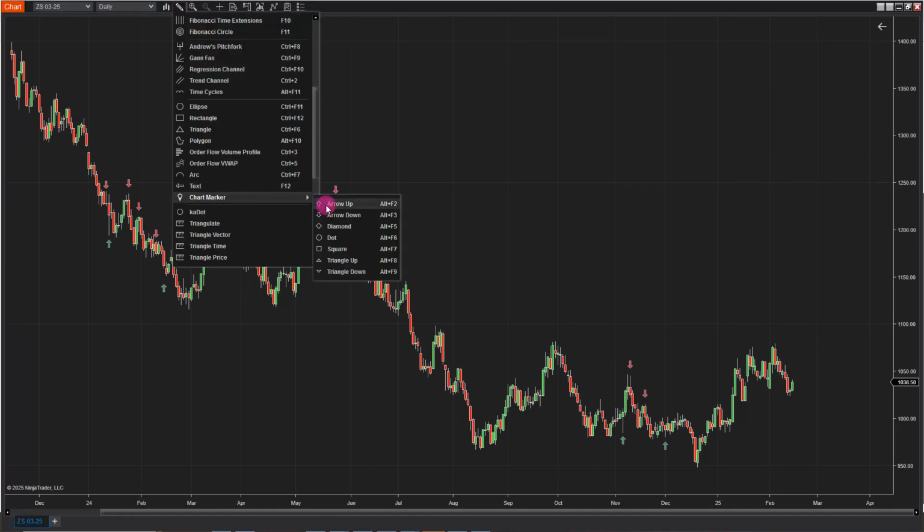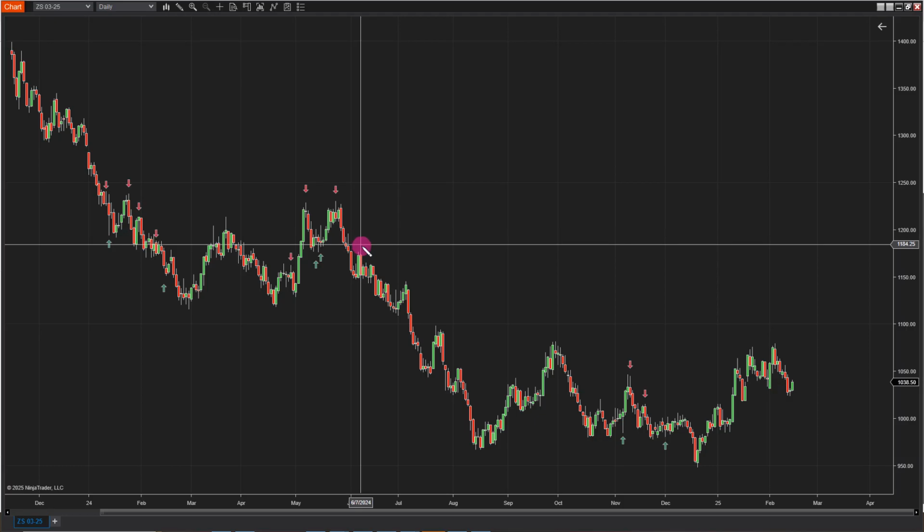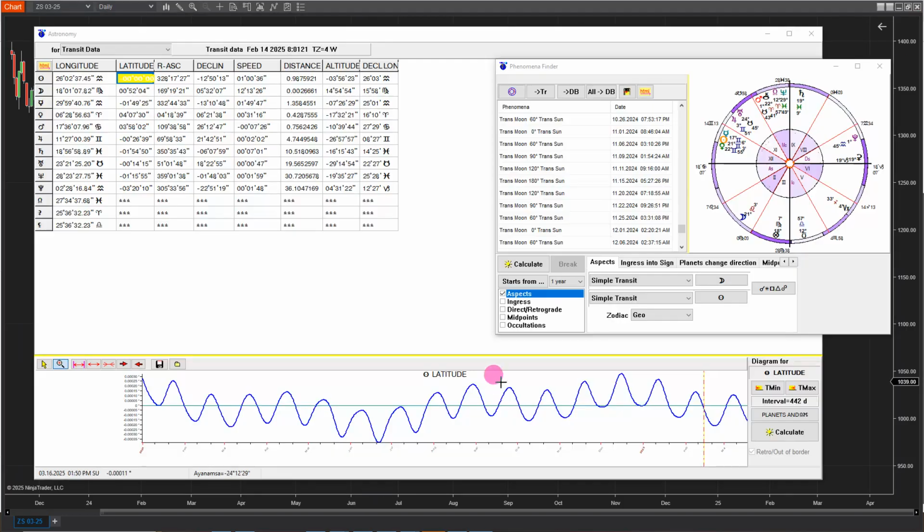Then I did November. In November, we've got this bottom on the 5th. The aspect is on the 6th, the sextile. Zero cross.